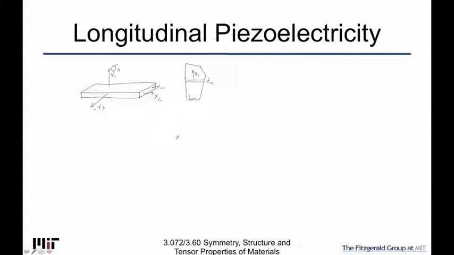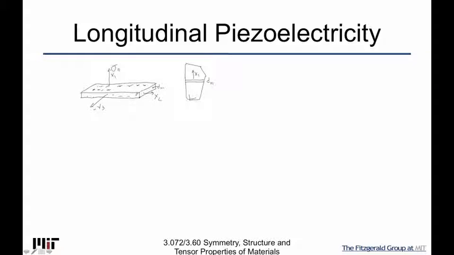So you cut a very thin crystal, and when I create stress only along this direction, I end up with positive charge here. I get negative charge in the back, let's say.